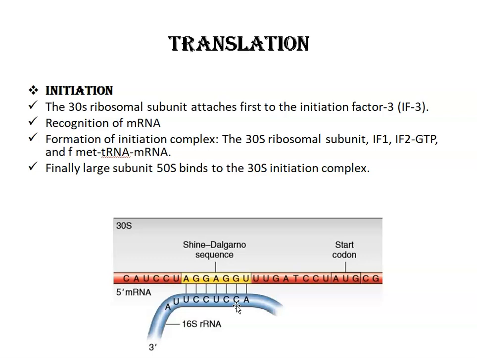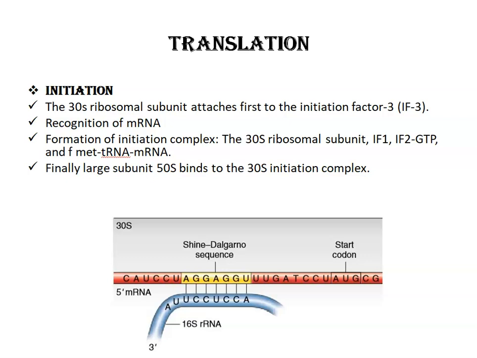Then, during initiation, a special initiator tRNA bearing N-formyl methionine is linked to the P site of the 30S ribosomal subunit with the help of initiation factor IF2, which forms a complex with GTP. So, IF3 is released as the formyl methionine tRNA pairs with the start codon AUG in the mRNA.